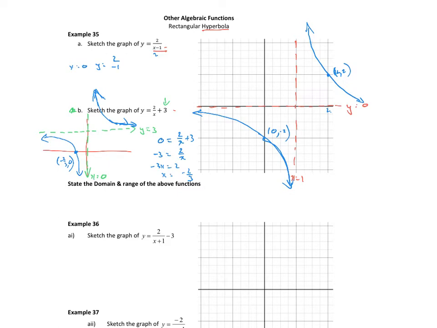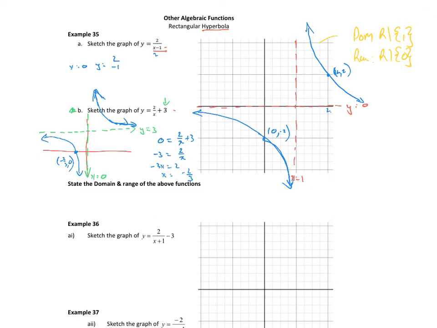So for A, the domain is everything except for x equal to 1, so R except for 1. And the range is R except for where y equals 0, the asymptote.